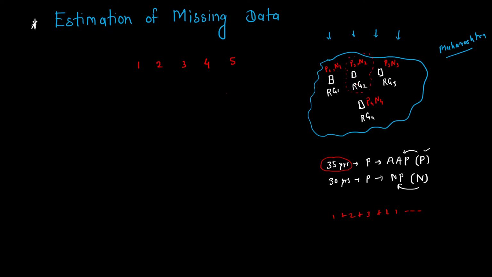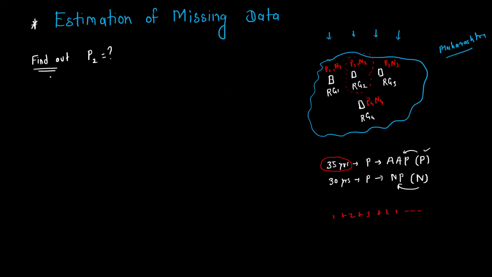That means this station's records were not up to the mark, or the data is not present at this rain gauge. No one has taken the data from this rain gauge and we don't have the data now. That means we do not have the value of precipitation, that is the P value. So in this case, how to measure the P value? I'm just writing it here. So we have to find out the P2 value.